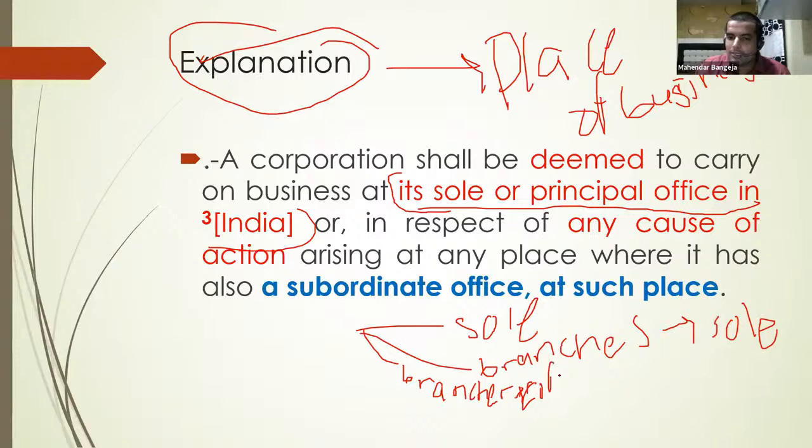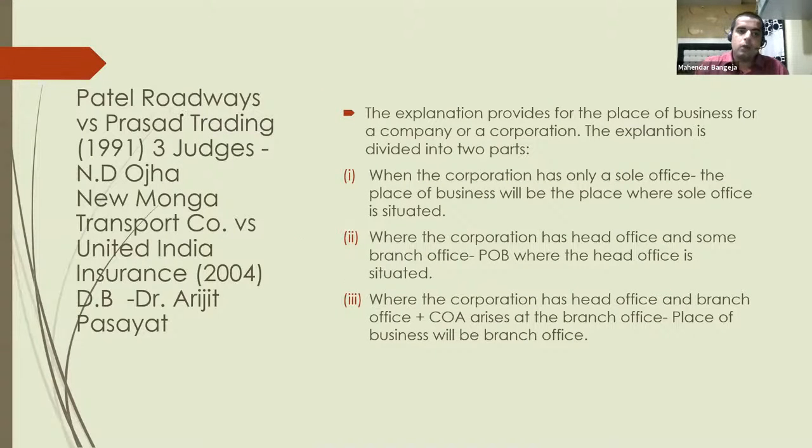Now this is where it gets trickier. This was held in Patel Roadways versus Prasad Trading, wherein it was held that this explanation is divided into three parts, not two, three. If a corporation has only a sole office, एक ही office है, then the place of business will be where the sole office is situated, obviously.